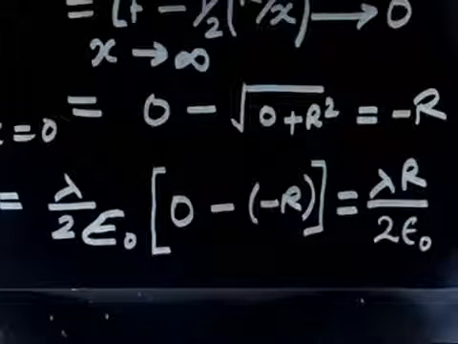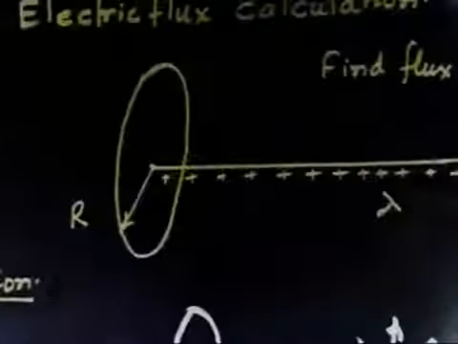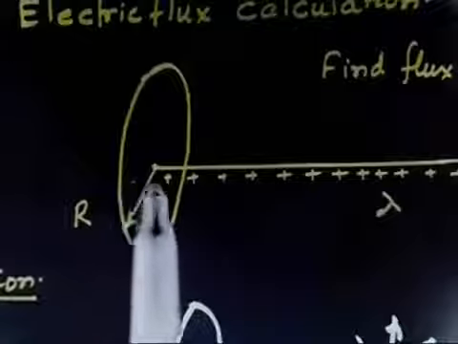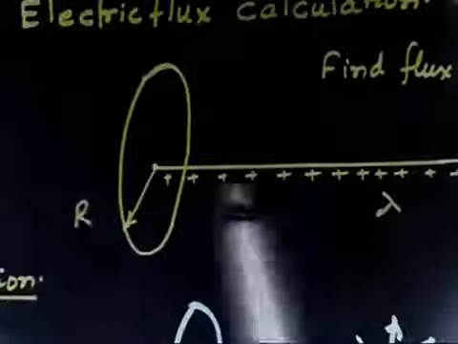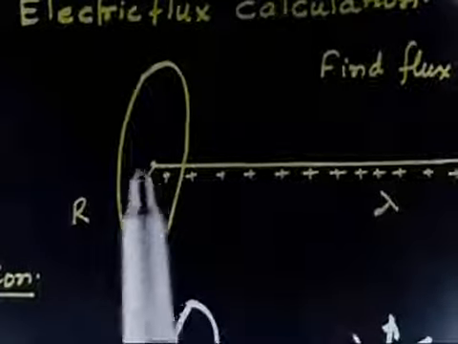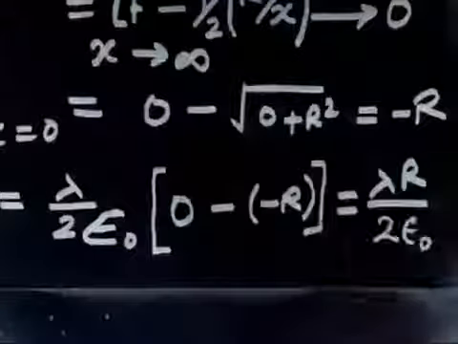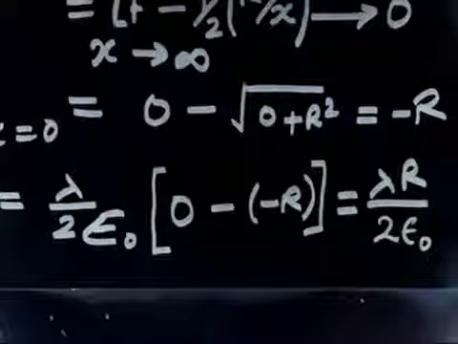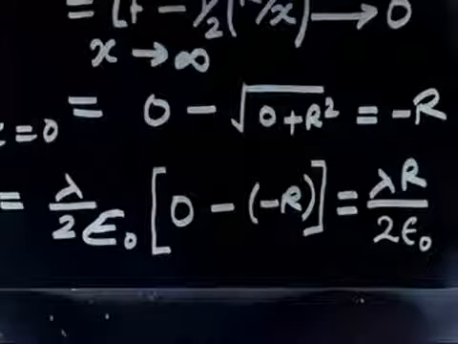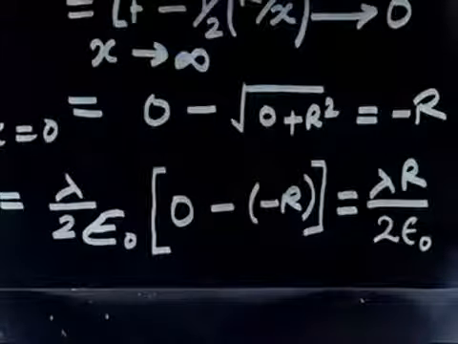Now what will happen? Let me discuss. If I have this line charge this side, and I have this line charge this side also, so both sides I have line charge, what will be the final result? Can anybody tell me?